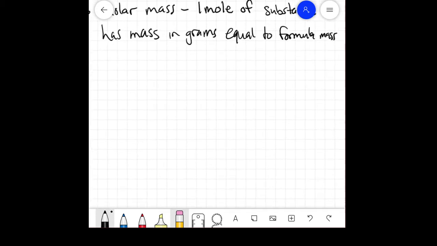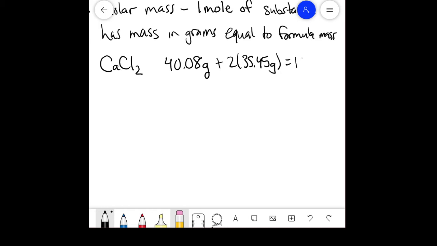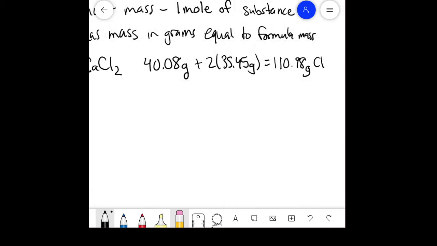So say we want to find the molar mass of calcium chloride, CaCl2, and then we just do the thing, but now we're in grams. So 40.08 grams plus 2 times 35.45 grams, and we would get 198 grams of calcium chloride.